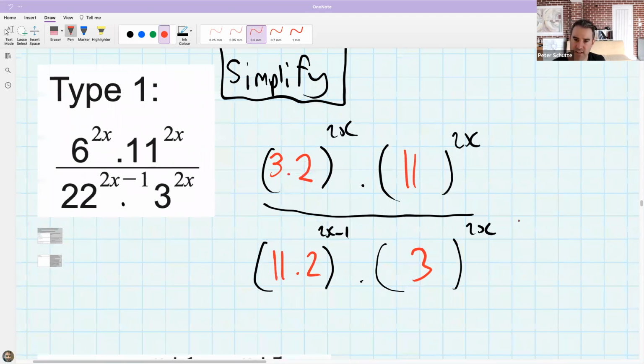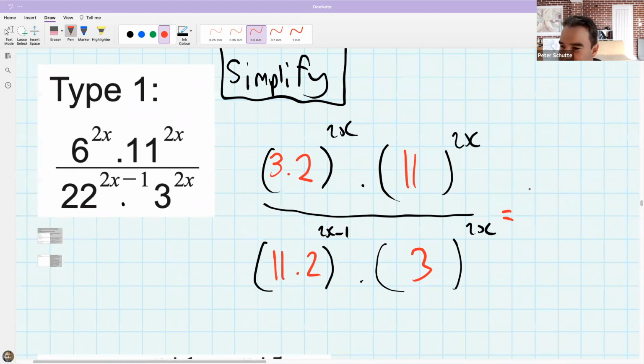So if that's the case, now I want to simplify. What is the next step going to be? Someone can put it in the chat, or they can raise their hand. Anybody out there?